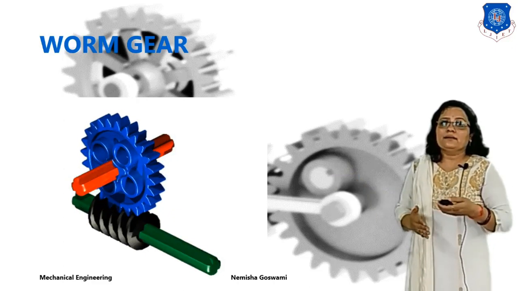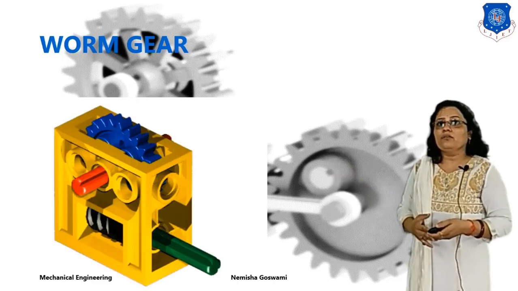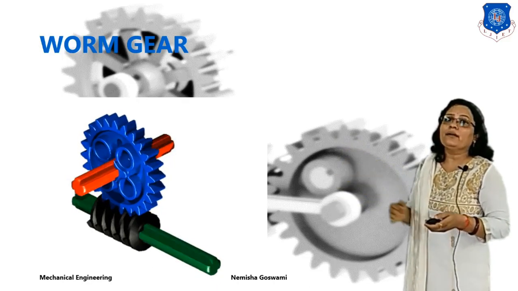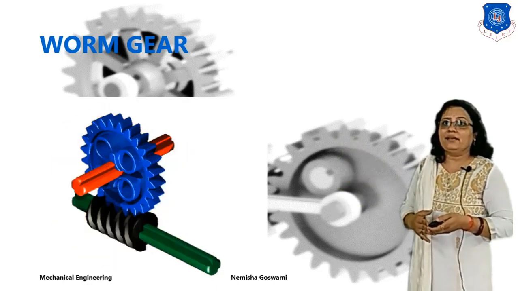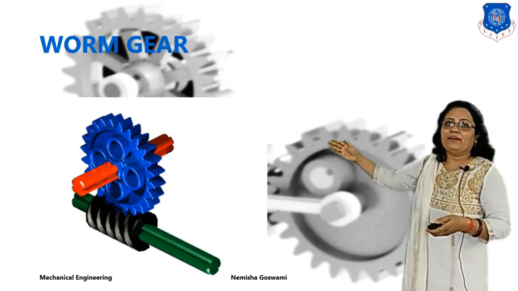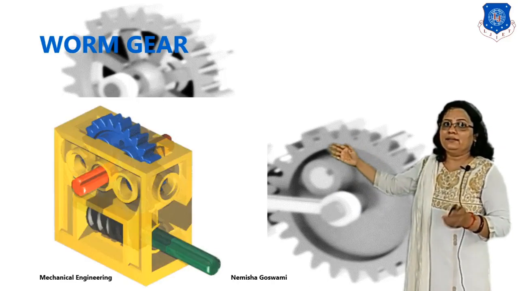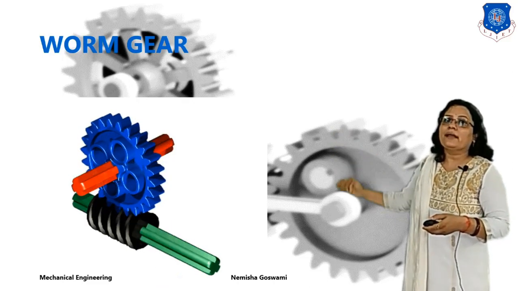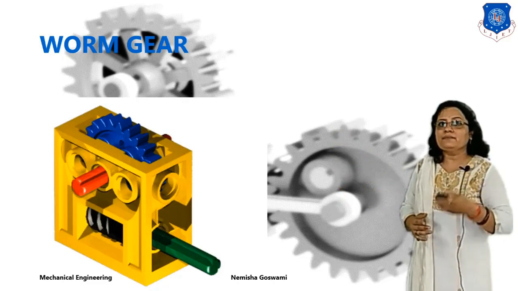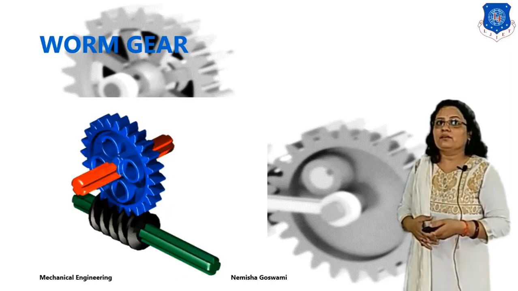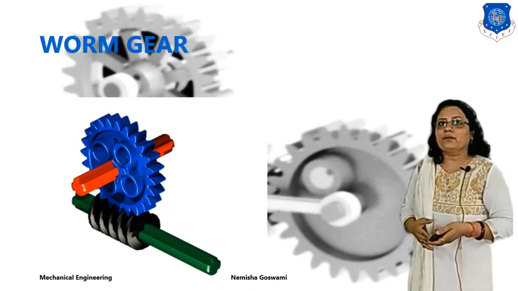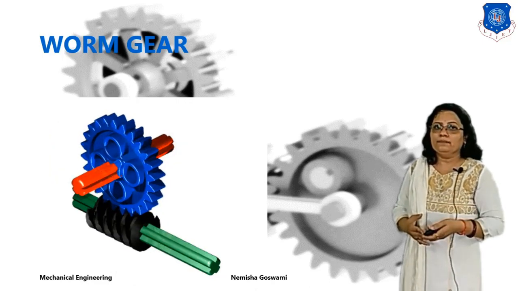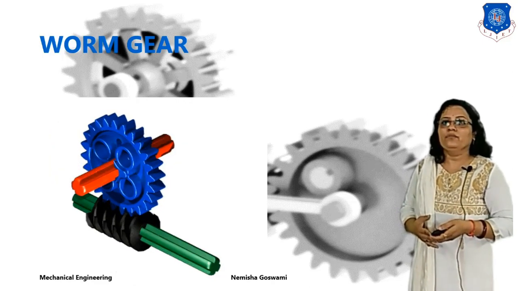This is a special classification where, you can see here, the shaft axes are not parallel and not intersecting with each other, right? But they are at about a 90 degree angle. So sometimes it is asked in your MCQ exams, or this is very important. The classification of gears is very important from the point of view of your examination, right?